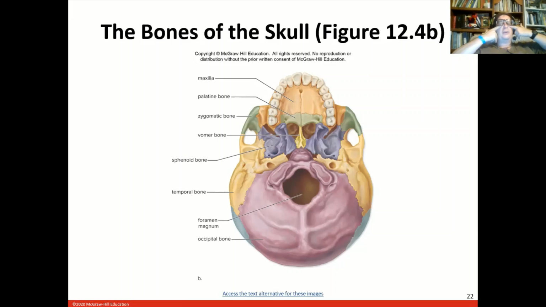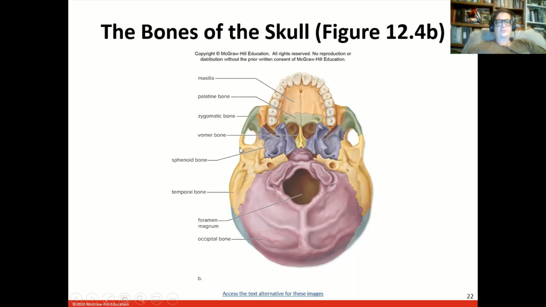Now your cheekbone here is part zygomatic bone and part zygomatic process of the temporal bone. But you have this ridge right here that sticks out more in men than women. That's one of the ways that we tell a male skull from a female skull.